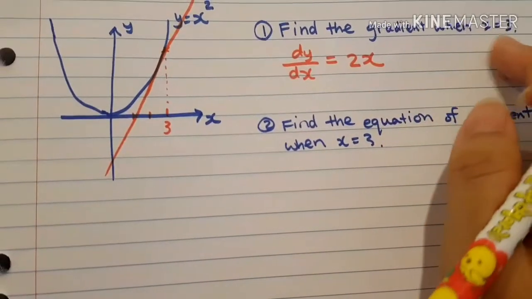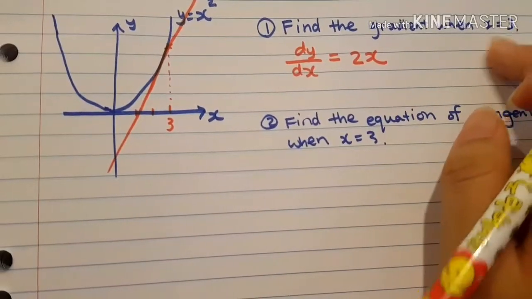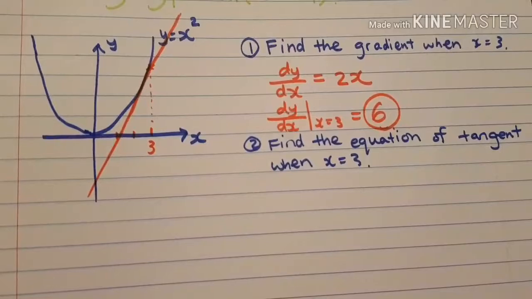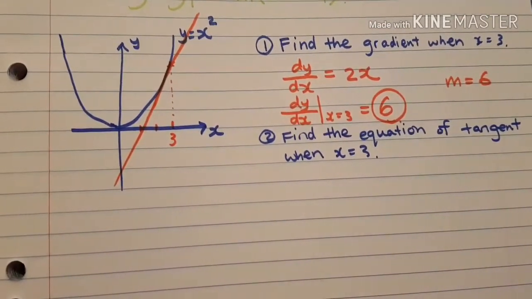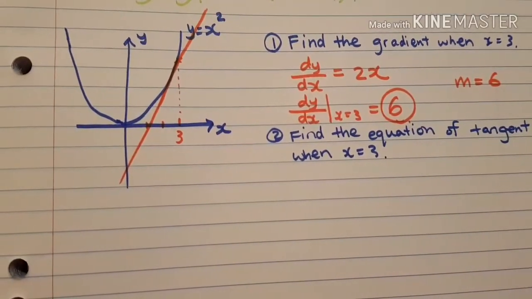This time I want the exact gradient when x is 3, so I'm going to insert x equals 3 like this. And I can rewrite that m, or gradient, is equal to 6 when x is 3.